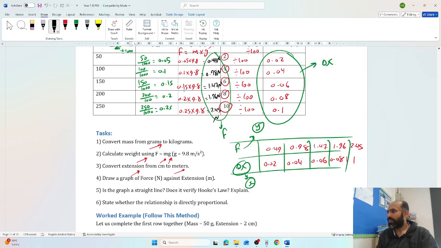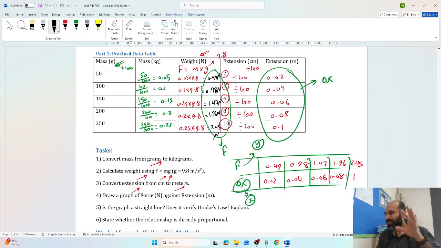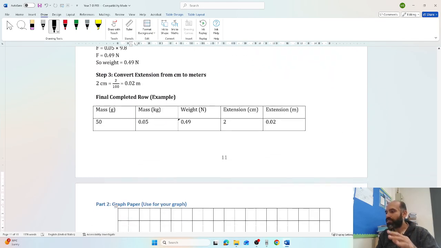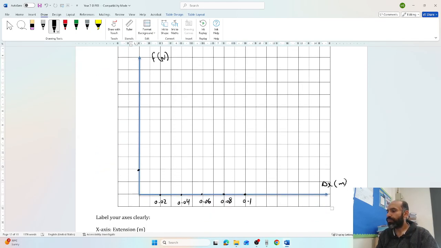In fact, it's 0.49, which is almost 0.5, 0.98, which is almost 1, and so on. So I will move every half. So half, then 1, 1.5, then 2, then 2.5. Just a little bit of acceptable approximation.